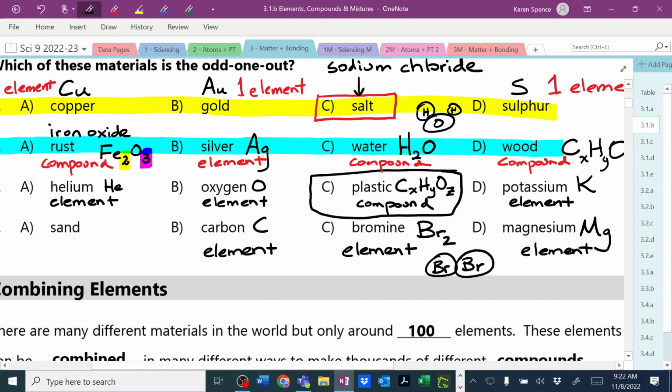Sand is silicon dioxide. Could you guess the formula for silicon dioxide? Very similar to carbon dioxide. See if you can tell your partner what you think, and then I'll call on you because you had your hand up there, okay? See if you can make a guess as to the formula for silicon dioxide.